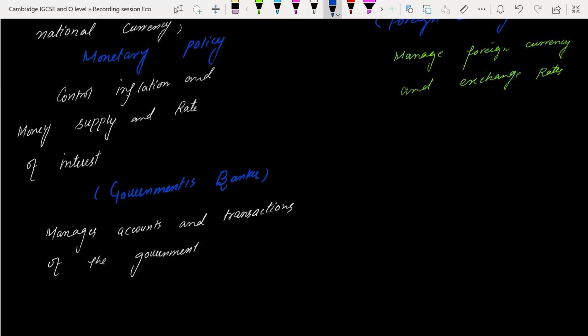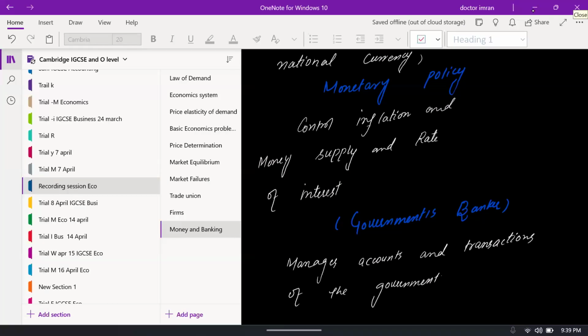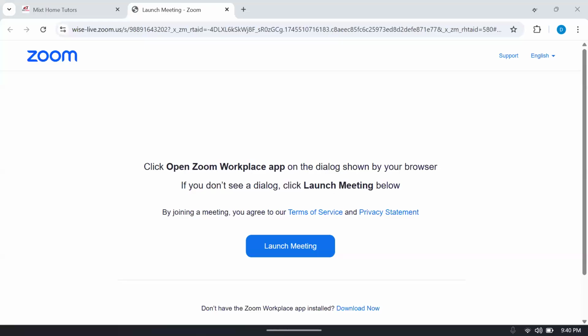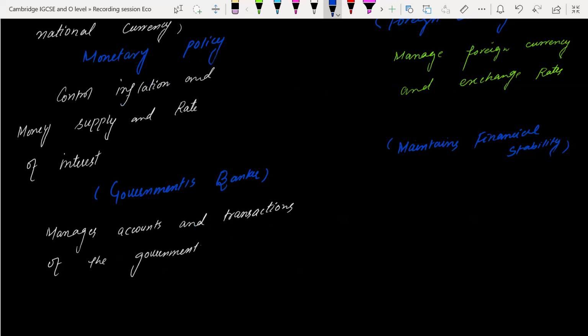The next one you can say maintain financial stability. Maintain financial stability means that keep the banking system safe and stable.